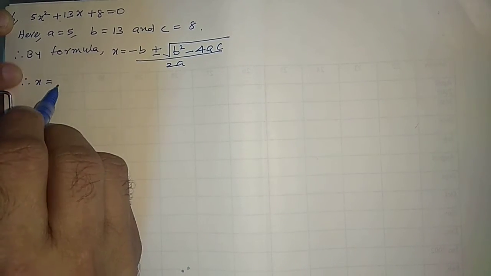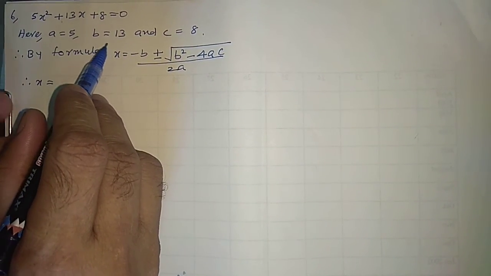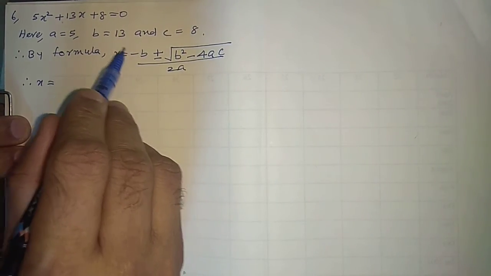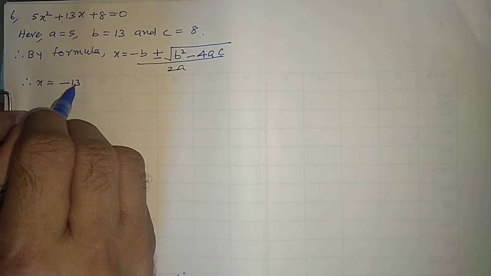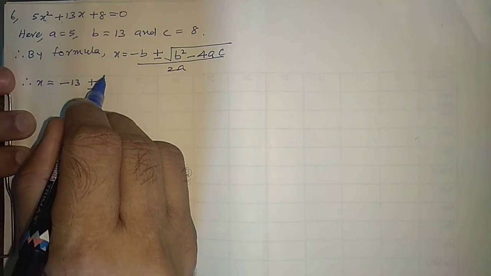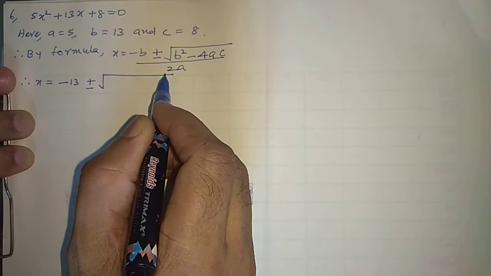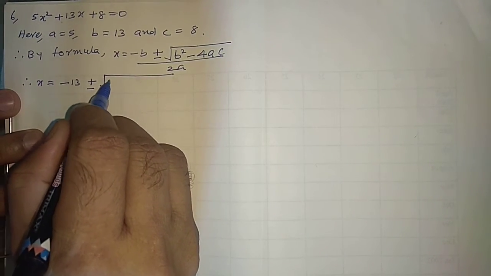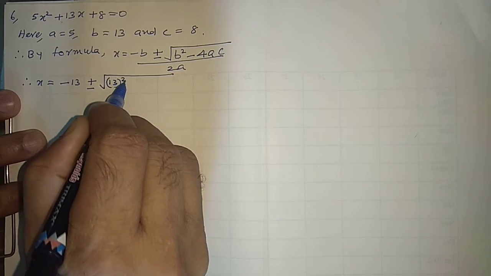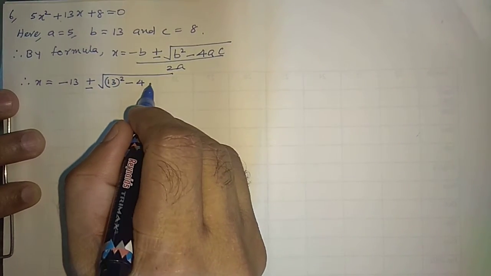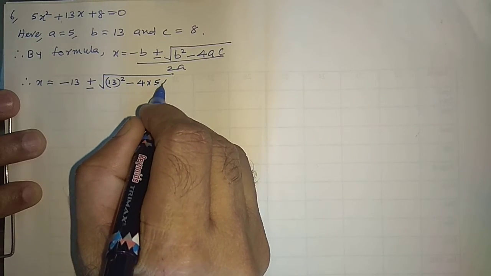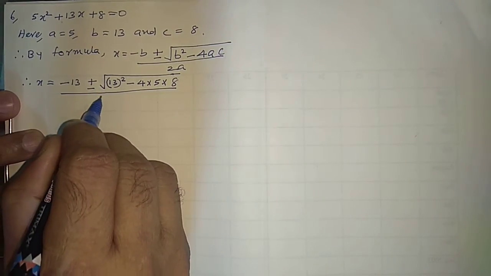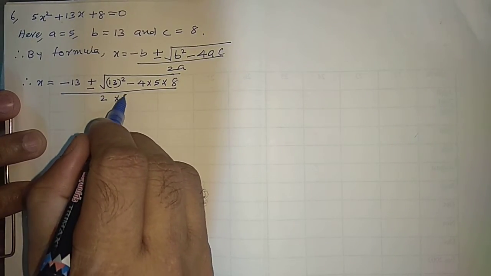Therefore, x is equal to minus b. b is 13, so minus b is minus 13, plus or minus root of 13 square minus 4 into a into c, which is 8, upon 2 into a. a is 5.